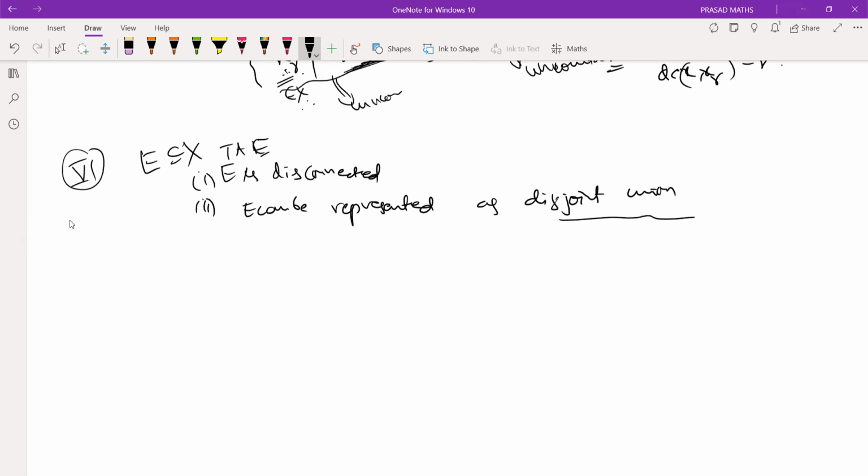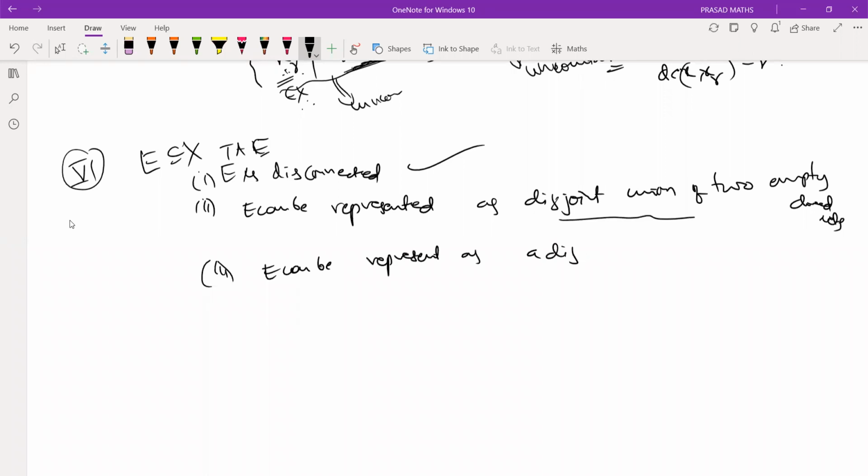Disjoint union of non-empty closed sets means they are separated sets, and separated sets means it is disconnected. Third point: E can be represented as a disjoint union of two non-empty open sets.